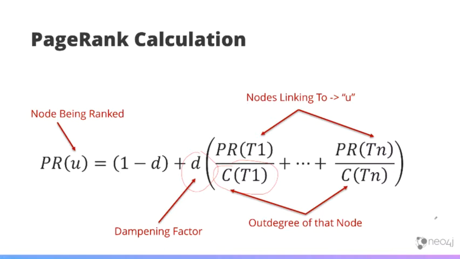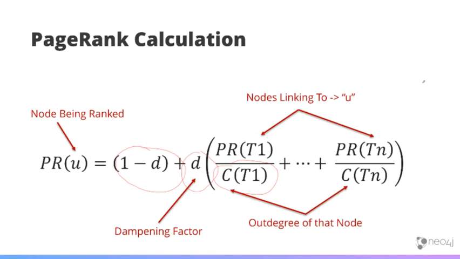For example, a standard dampening factor is 0.85, and that means that each calculation there's actually a 15% chance that the algorithm will look at a random node not directly connected to it at that particular moment. 1 minus D is simply the probability that a node will be reached directly without following any relationship.